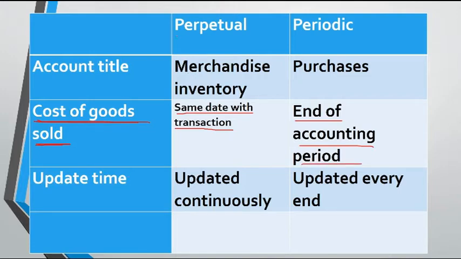So, another is the update time. Na kapag ikaw ay naka-perpetual method, si inventory mo ay updated continuously. Pero while kapag periodic, ang update mo lagi is every end of the period.